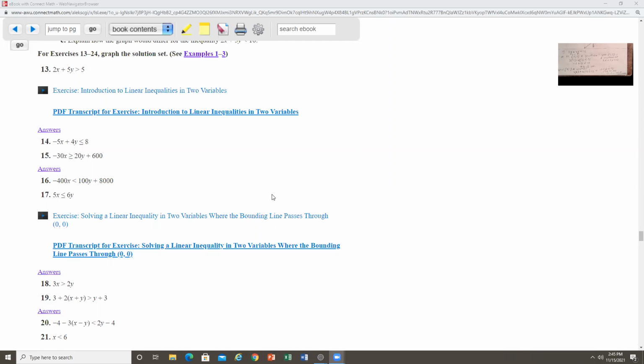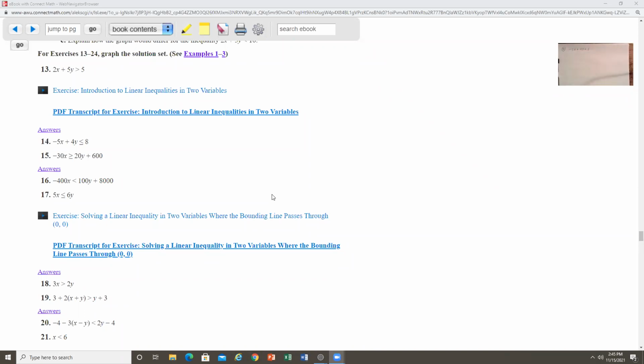All right, so we're going to try to do problem number 14 here. The first thing we need to do in order to solve an inequality in 2 variables is graph the associated equation first, because we have to know where on the XY plane the boundary lies.